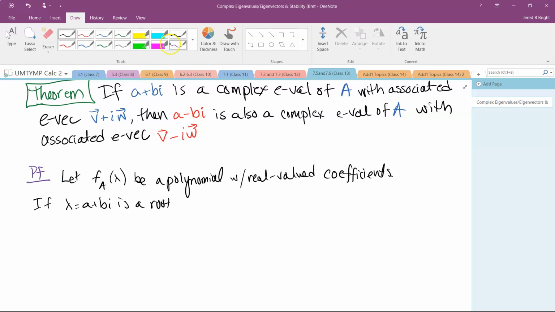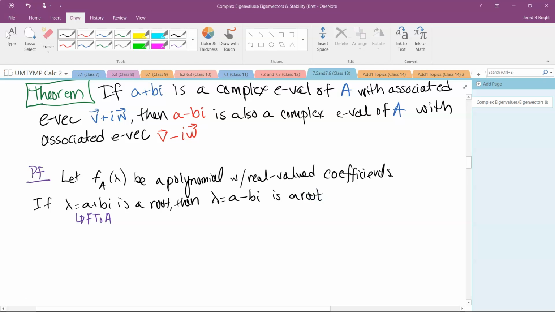Well, fundamental theorem of algebra, where we say that a polynomial of degree n has n roots, some of which may be complex. Okay, but anyway, if this is a root, then lambda equals a minus bi is a root.